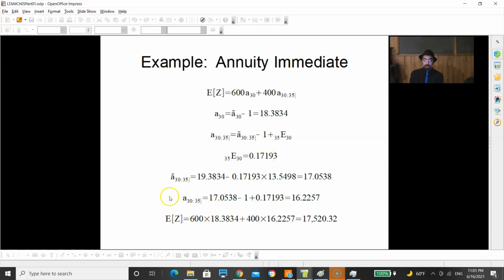We do that to crunch our numbers and get a_{30:35}. This is just algebra. Again, we need the Frankenannuity formula here, and conversion between annuities due and annuities immediate. Then we're just plugging in our numbers and getting the answer that it is worth about 17,520.32.